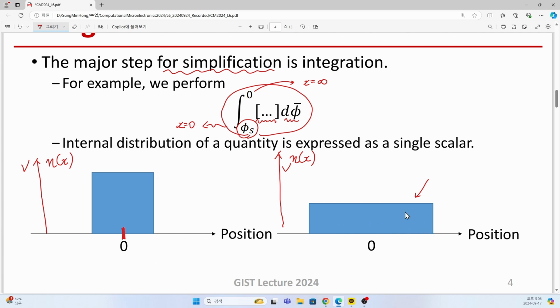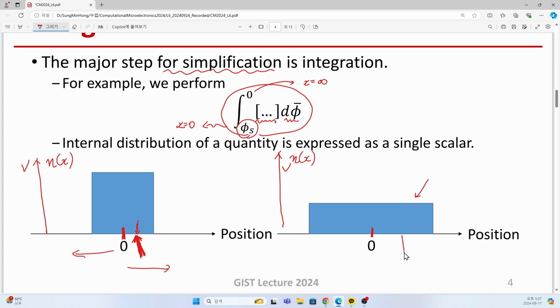In this case, for example, if we consider average distance, then maybe we'll say that electrons' average distance is located here, because this is a negative part and positive part, and we will just consider absolute distance. So maybe electrons will be centered at this half position. Then how about this condition?